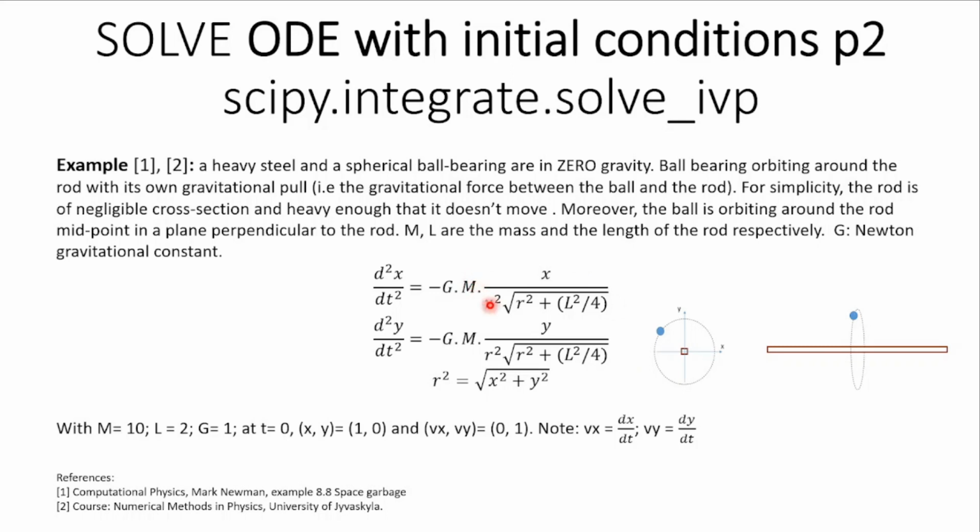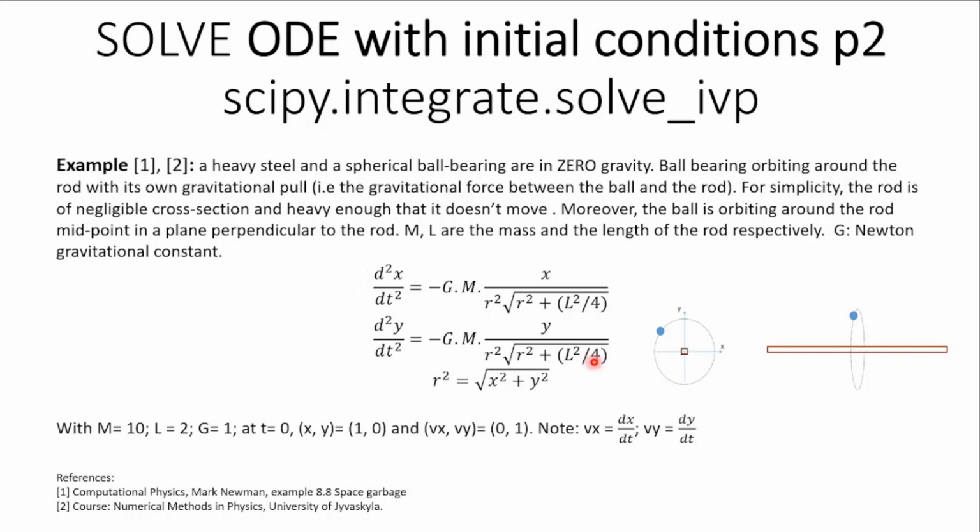G, M, and L are only constants, defined inside the example. About the units, we don't care. Let's assume all of the units in this example are standard, so we don't have to worry about them. We can focus on the main part, which is to solve this system of equations.